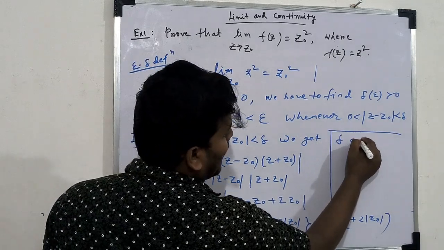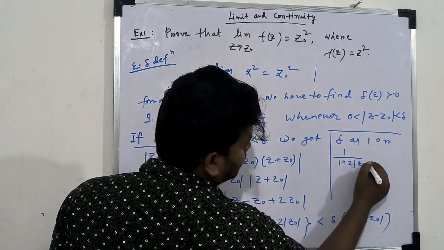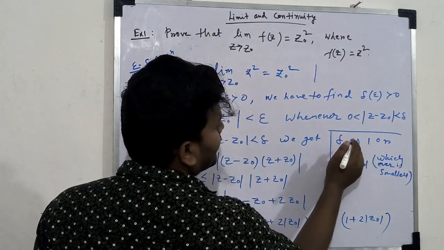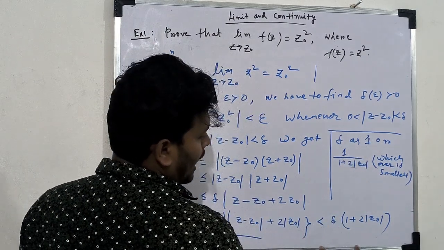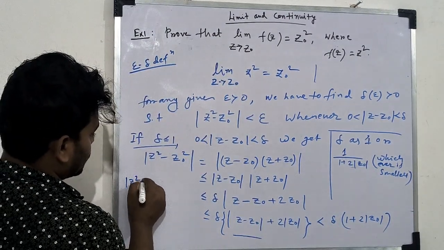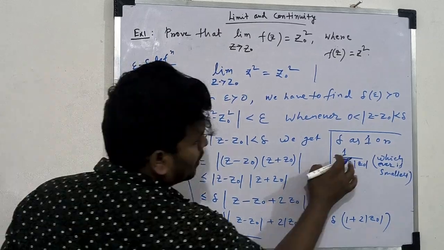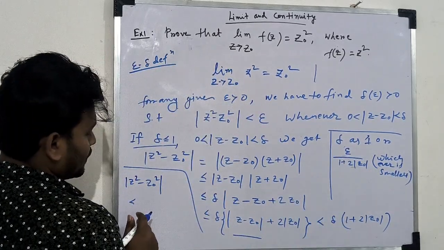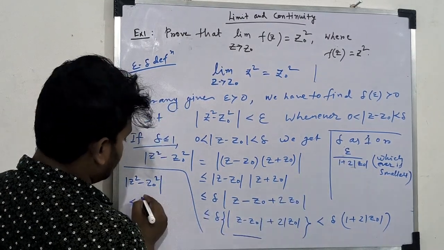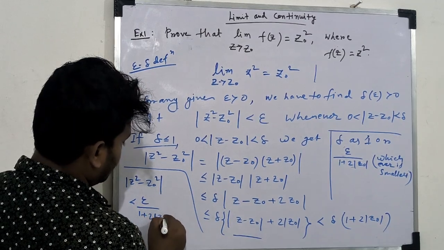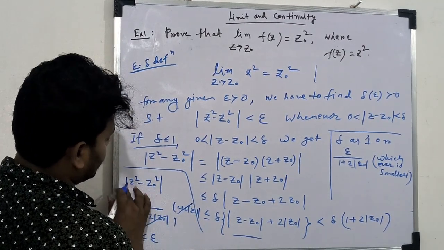If you choose delta as 1 or epsilon by 1 plus 2 modulus z0, whichever is smaller, and we put it here, we get modulus of z squared minus z0 squared less than delta times (1 plus 2 modulus z0), that is less than epsilon over (1 plus 2 modulus z0) times (1 plus 2 modulus z0). So this cancels out, and this will be less than epsilon.